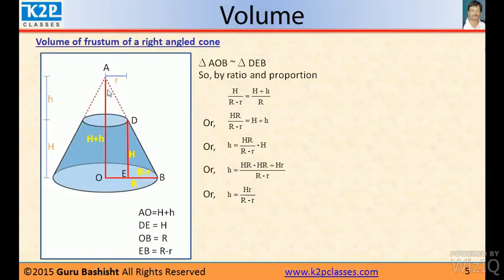Triangle AOB and triangle DEB are similar because angle B is common and angle E and angle O are of 90 degrees.